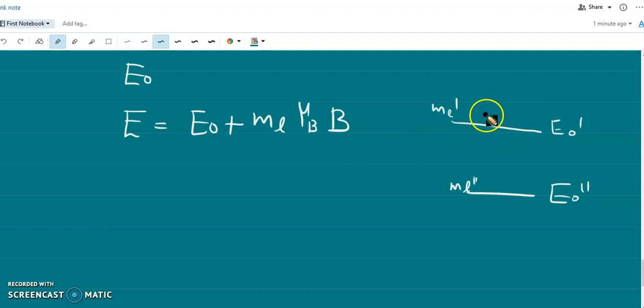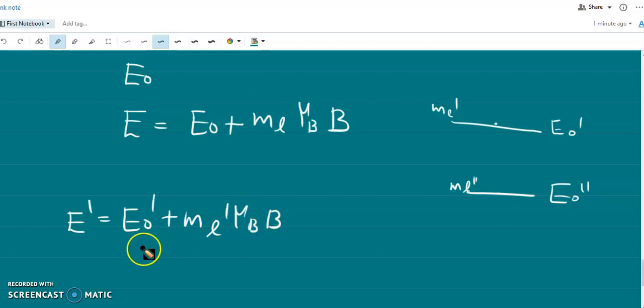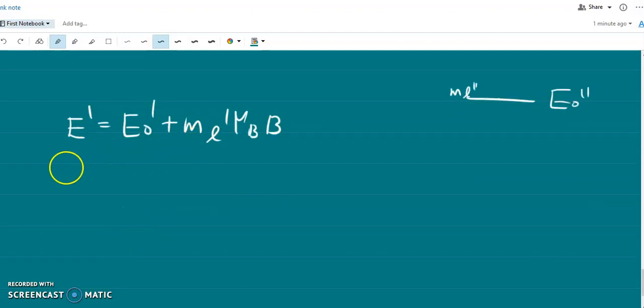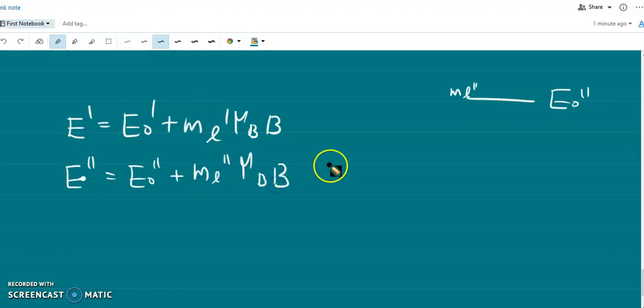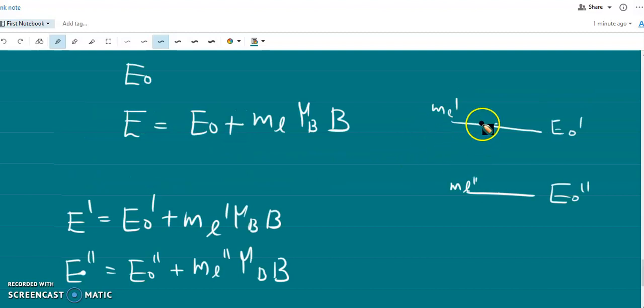So the energy of the upper state in the field is given by E prime equal to E0 prime plus ML prime into mu B B. And the energy of the lower state, E double prime, is equal to E0 double prime plus ML double prime into mu B B. So whenever an electron makes a transition from this to this, in the absence of field, this is E0 prime and E0 double prime.